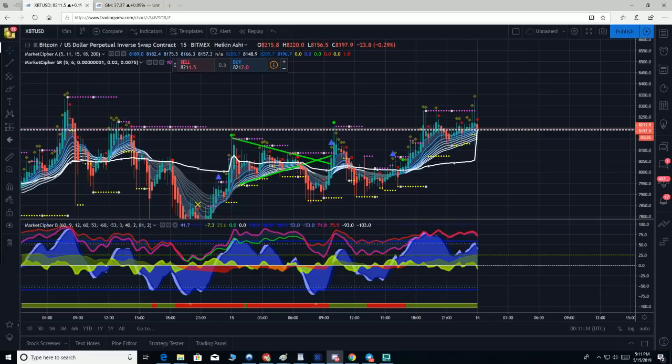Make a lot of money. Go all up, go in, make a lot of money. Go all up, go in. Go all up, go in, make a lot of money. Go all up, go in. Go all up, go in, make a lot of money. Go all up, go in. Go all up, go in, make a lot of money. Go all up, go in. Go all up, go in, make a lot of money. Go all up, go in. Go all up, go in, make a lot of money.